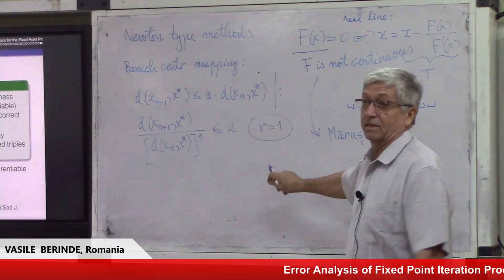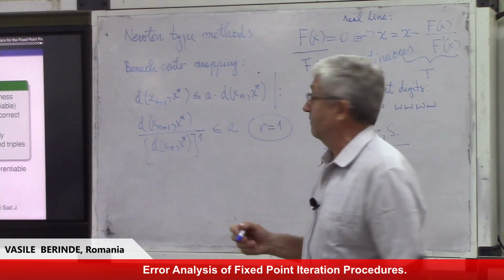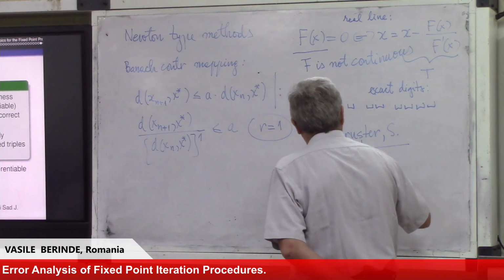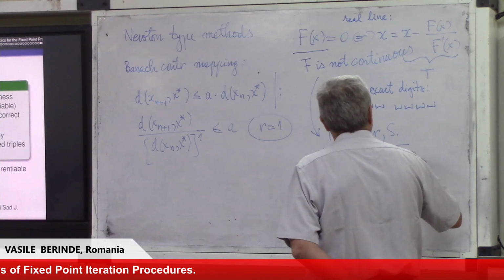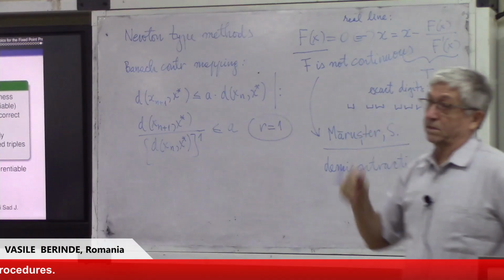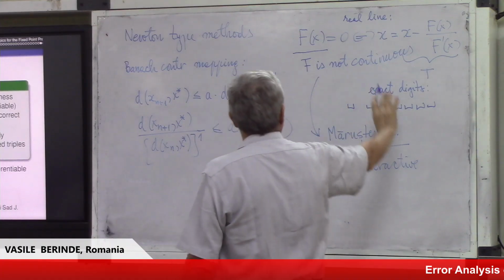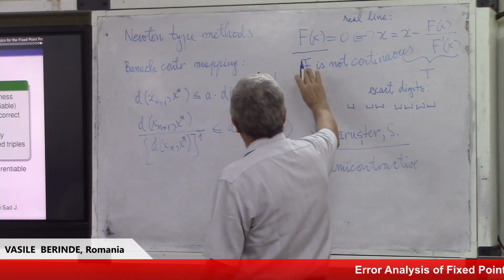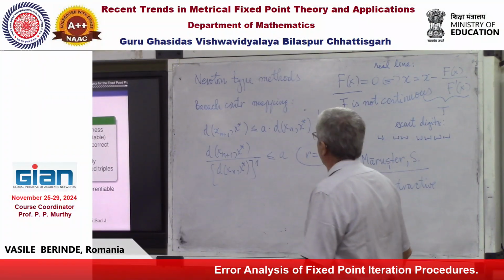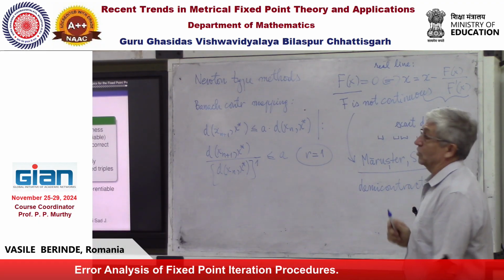This was the reason he was led to demi-contractive mappings, because his operator f was not even continuous. So he needed some theory for non-continuous functions or mappings for such an equation. And this was the source of defining these demi-contractive mappings.